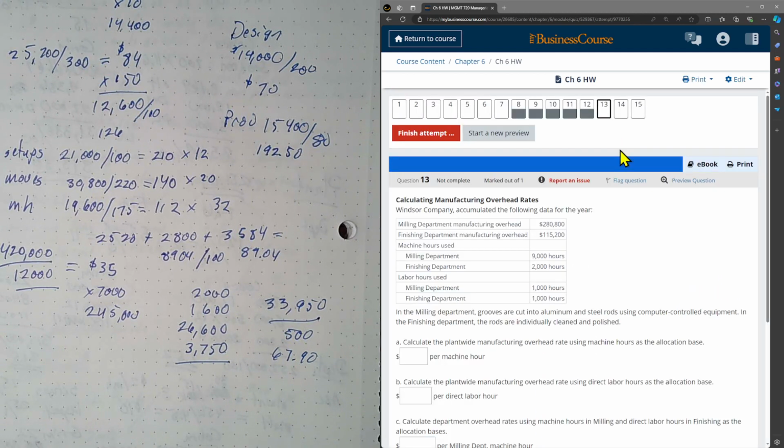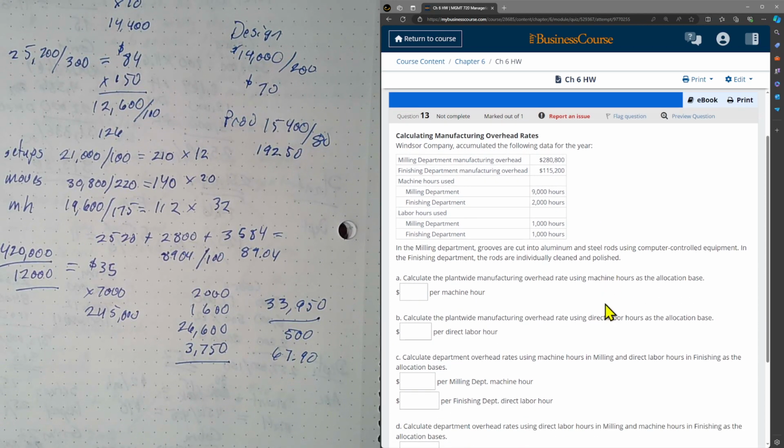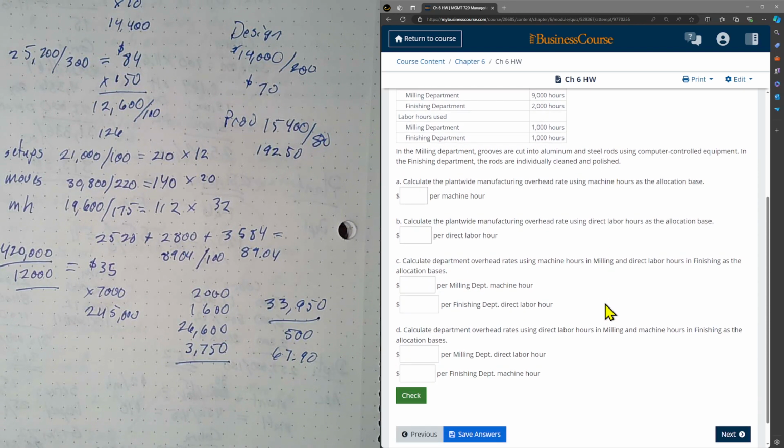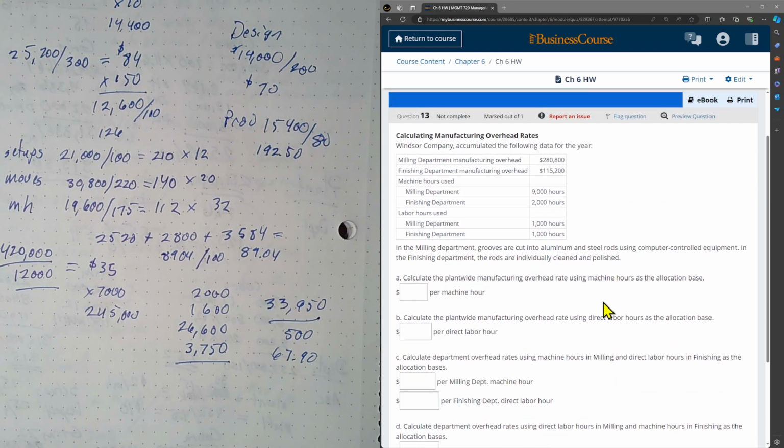Number 13. Okay, so this is a good question to make you realize it really depends on what you choose as your activity driver, because it could give you very different looks at your costs.